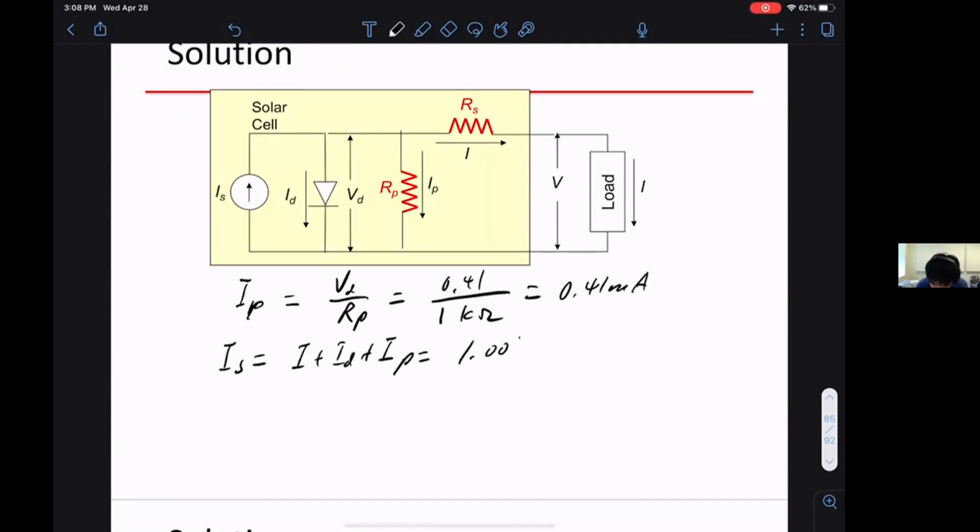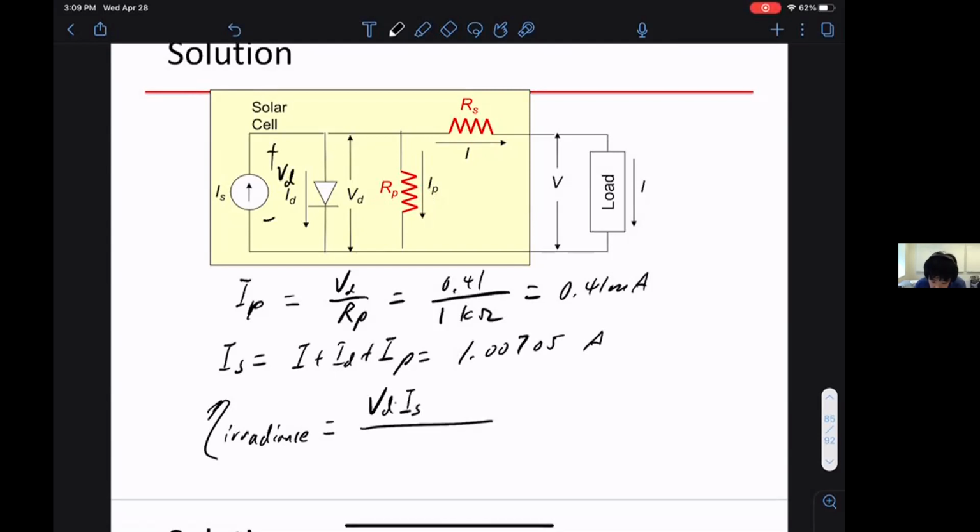This is 1.00705 amps. So the efficiency I get, the irradiance efficiency eta, is the voltage across the source, which is also VD, times the solar current, which is the power I'm pulling out of the current source, divided by my solar power density times how big my solar cell is.